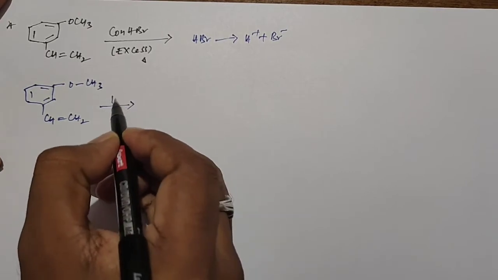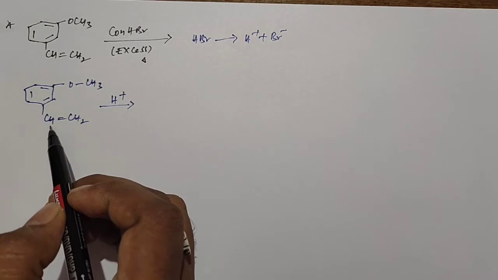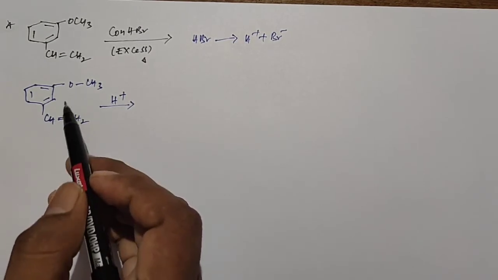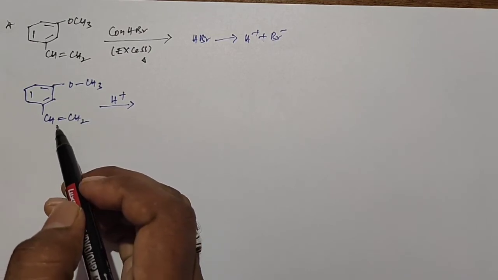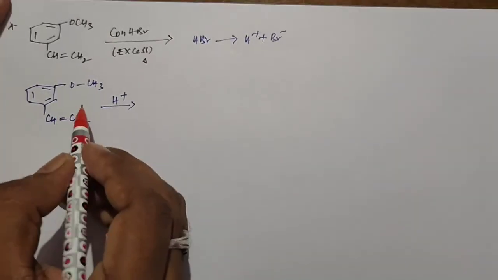So when this compound reacts with the proton, it has two chances to react, with the oxygen or with the double bond, to initiate this compound or this compound. But when compared to both things, here hyperconjugation can be involved, here conjugation is there, so it is more powerful. So the proton can be attacking on this carbon.